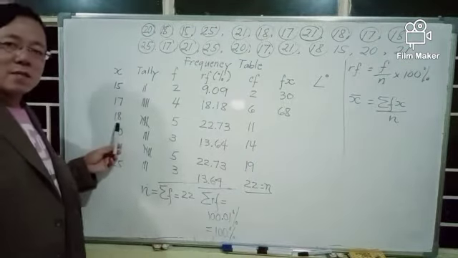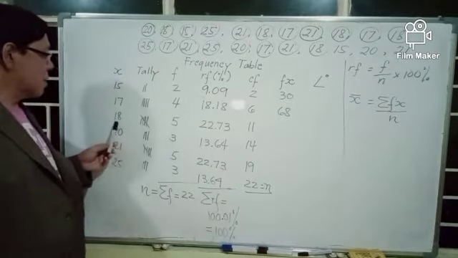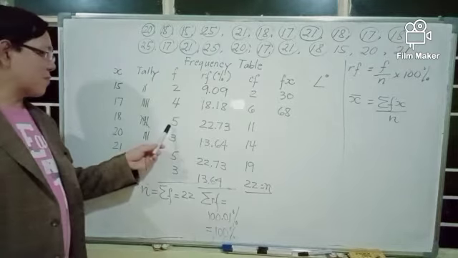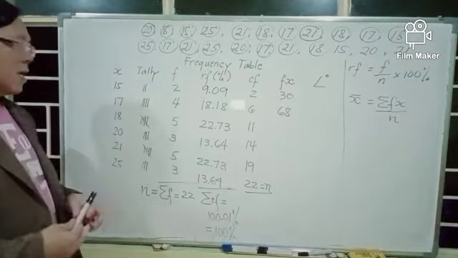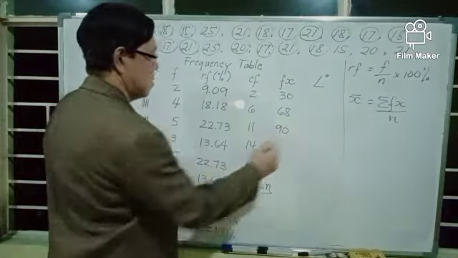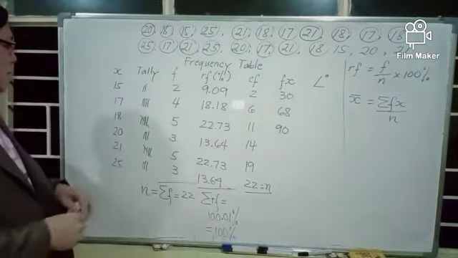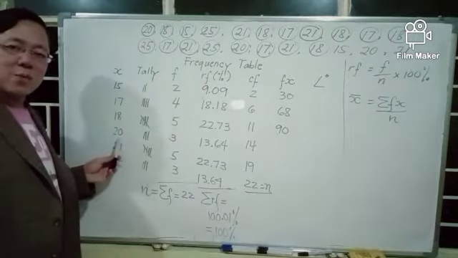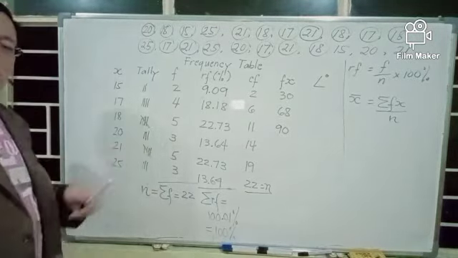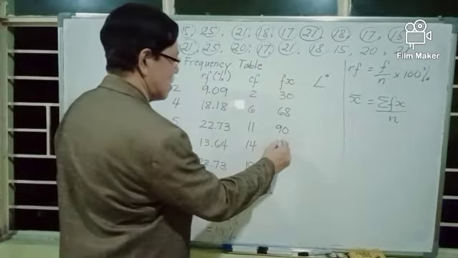For the next score, 18, there are 5 students with scores of 18 and we multiply 5 by 18 and we get 90. Next, for the score of 20, the frequency is 3. We multiply frequency by the score and we get 60.